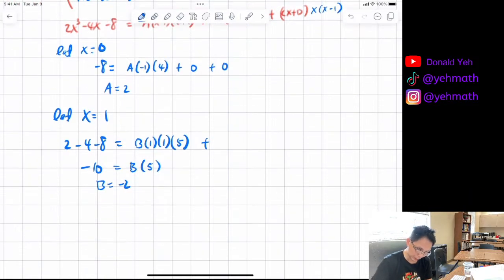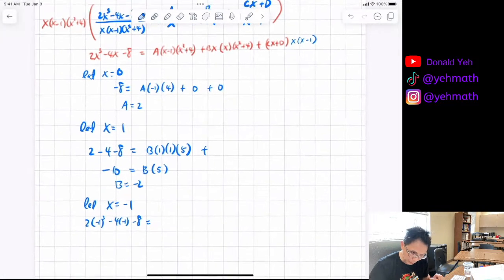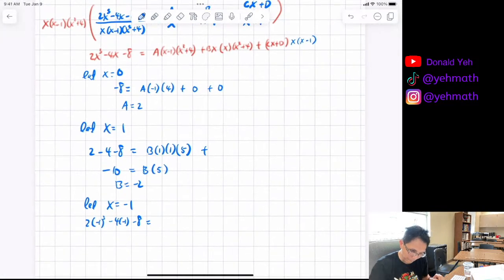Okay, that's negative 2, the opposite. Okay, what did you get for C?